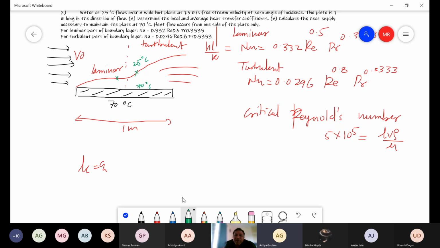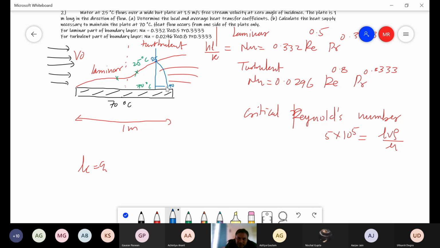Maybe I will draw one more thing so that you will appreciate what I'm trying to say. Okay, just wait. So if I draw a temperature profile, my temperature profile will look like this. So this will be 25 and this will be 70.